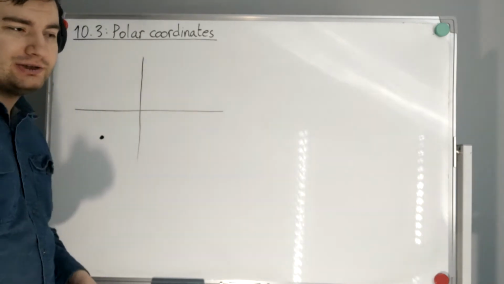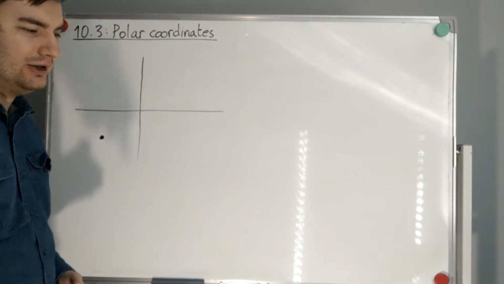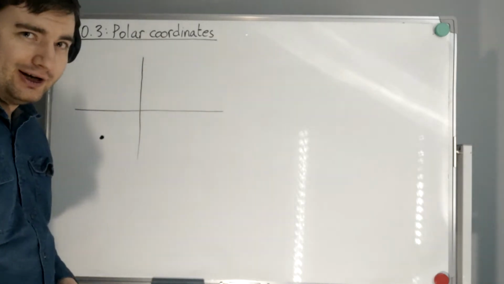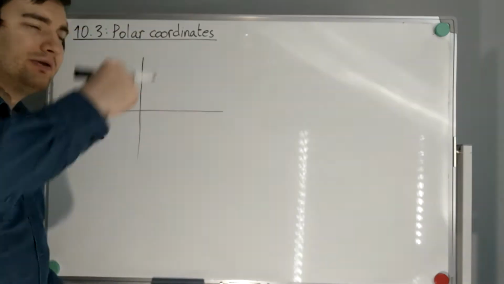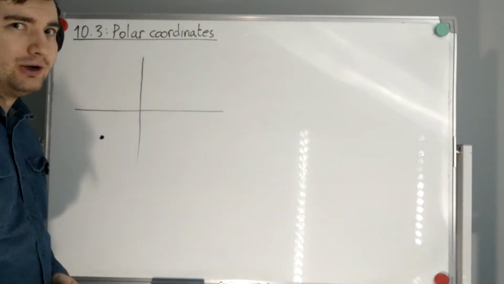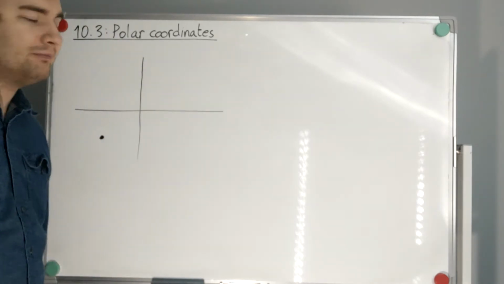If it was to the right of the y-axis, it would be a positive x-coordinate. If it was to the left of the y-axis, it would be a negative x-coordinate. If it was above the x-axis, it would be a positive y-coordinate. If it was below the x-axis, it would be a negative y-coordinate.